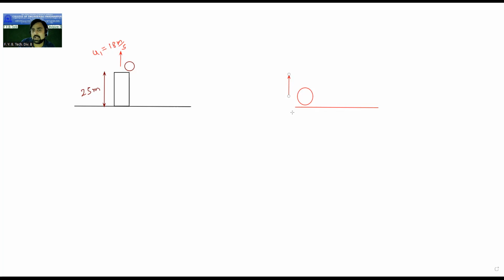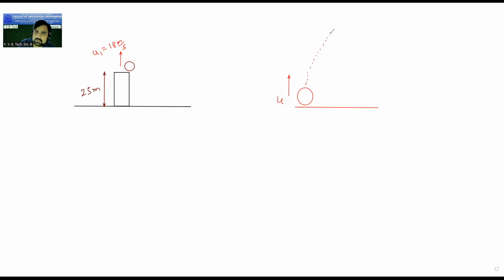Okay, it means that when you are throwing something, you are applying some velocity to that ball so that it will move upward. Okay, so here let us say that u is your initial velocity. Then how does it move? It will move upward like this.